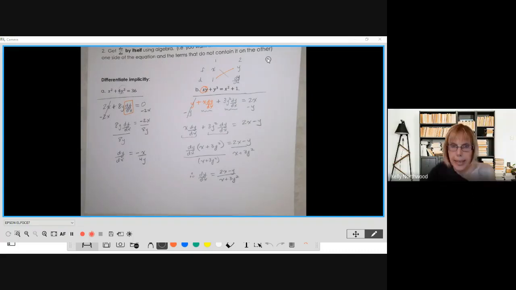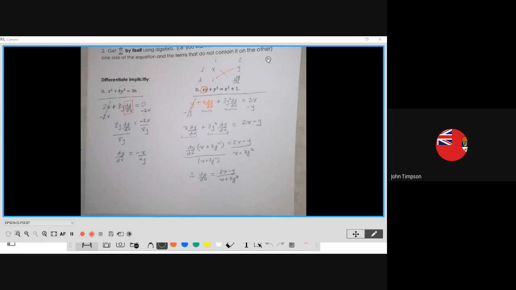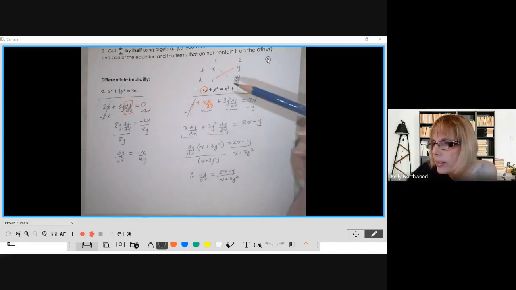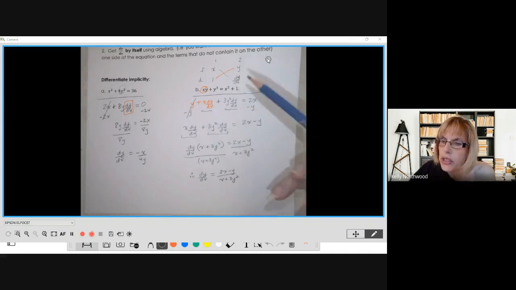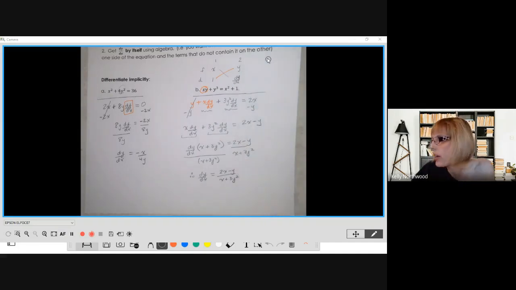Ms. Northwood? Yep. Is the reason we're defining these implicitly rather than finding an explicit definition and then finding the derivative? I guess they aren't really functions. True. These are not functions. I'm going to show you that when we find the slope of the tangent. I've got it on my graph.